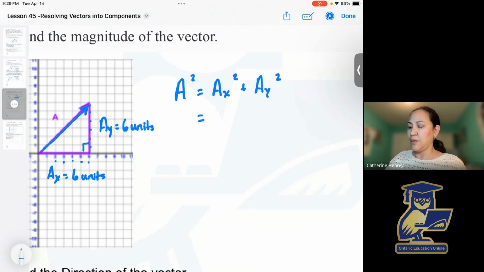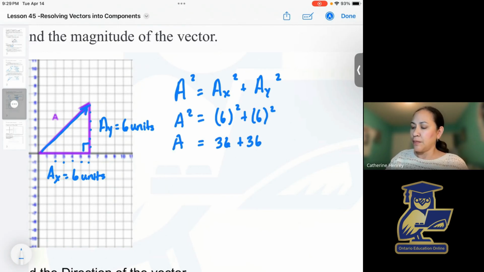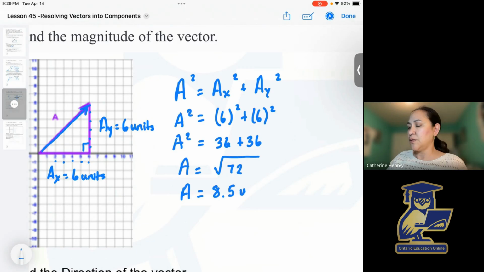Subbing in, I will have 6 units squared plus 6 units squared. That will give me 36 plus 36. And then A is going to be equal to the square root of 72. And so the magnitude of my vector A comes out to 8.5 units.